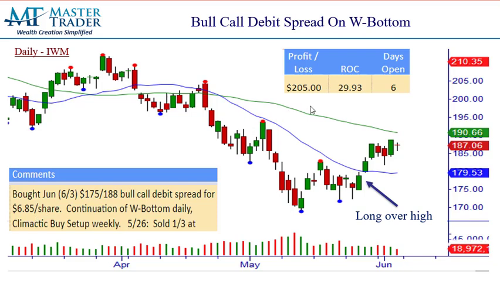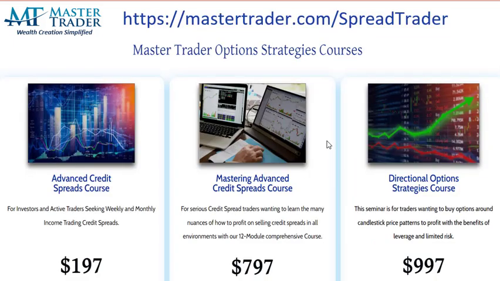So we make higher returns with leverage and limited risk. If we had some crazy ugly gap down, whenever you're buying options, your maximum loss is what you paid for it. If this happened to gap down $20 and you were long IWM, you'd lose $20 a share. Our maximum loss is $6.85 a share. So two great trades there when we were trading these little bear market bounces in the broader markets.